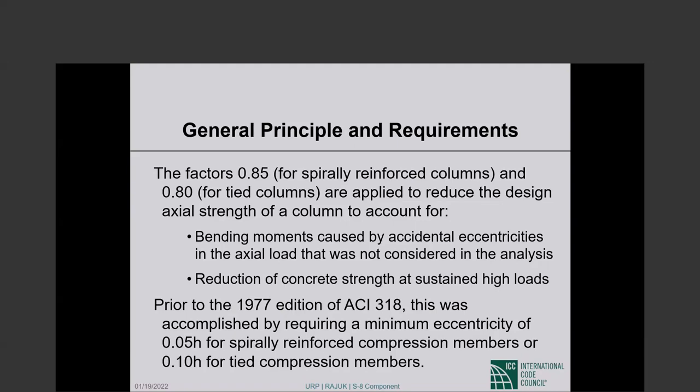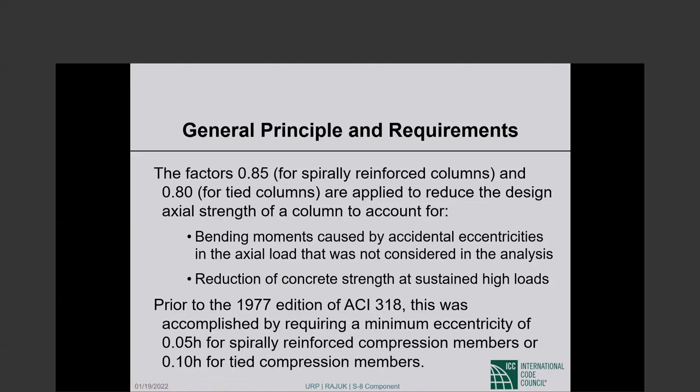So under sustained loading, you find lower strength compared to what you would find under what is considered to be a normal rate of load application. Okay, but that is not a huge amount. I do not know that that is the reason for 0.85 or 0.75. That's not a big reason.